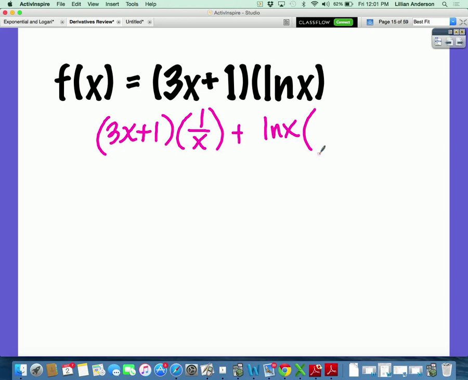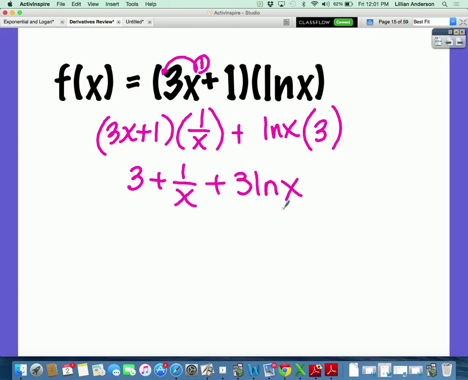Careful. You have 1 up here, bring it to the front. What's the derivative of 1? Plus 0. And so then from there, you pretty much just simplify. This turns into 3 plus 1 over x plus 3 ln of x. And that's it.